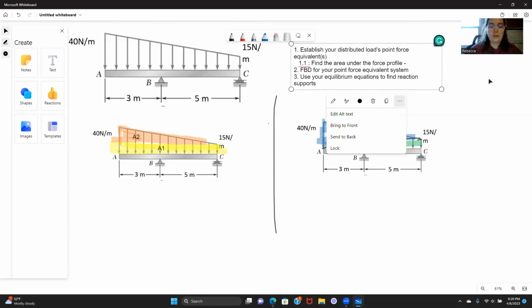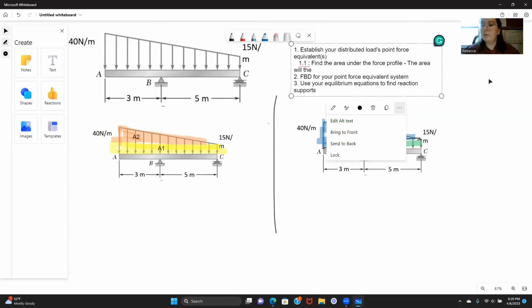So the area will be the force magnitude for your point force equivalent.